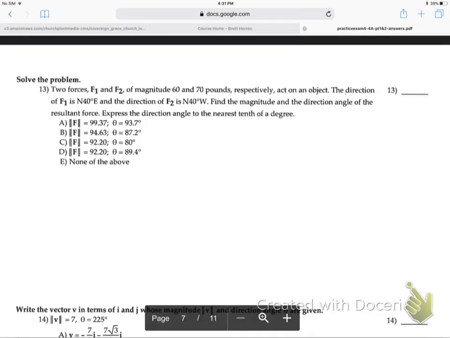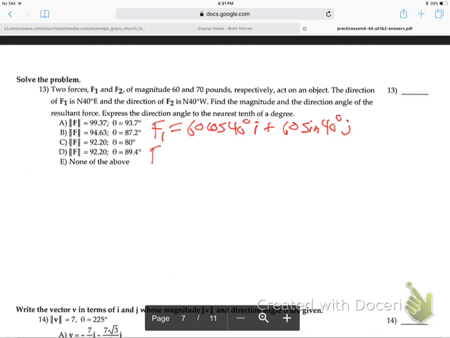Okay, so here we go. I'm going to say force 1 is 60 cosine 40 degrees I plus 60 sine 40 degrees J. Let's get the numbers on that.